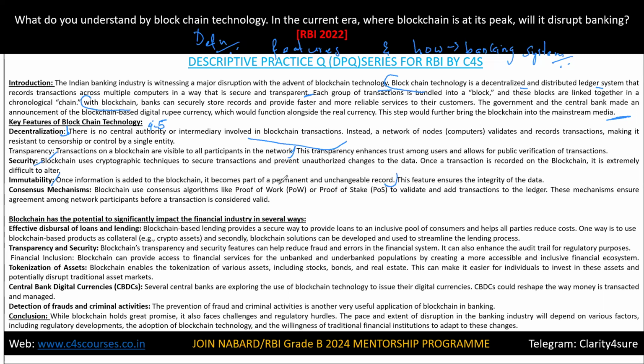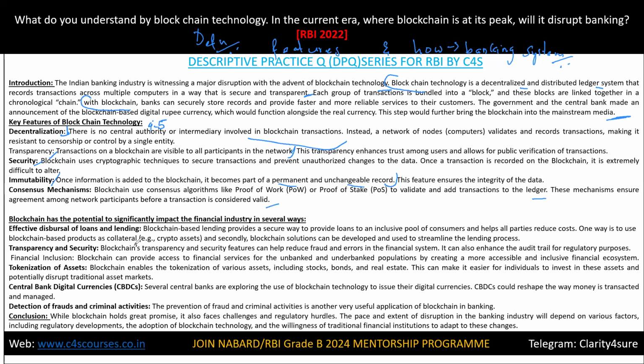This feature ensures the integrity of the data. Next, consensus mechanism. Blockchain uses consensus algorithms like proof of work or proof of stake to validate and add transactions to the ledger. This mechanism ensures agreement among network participants before a transaction is considered valid.